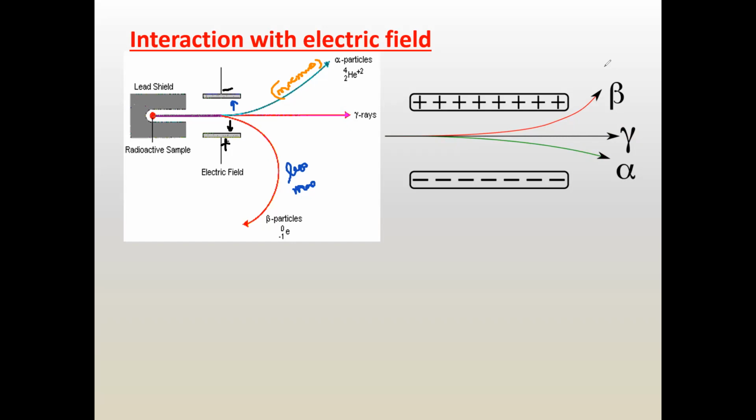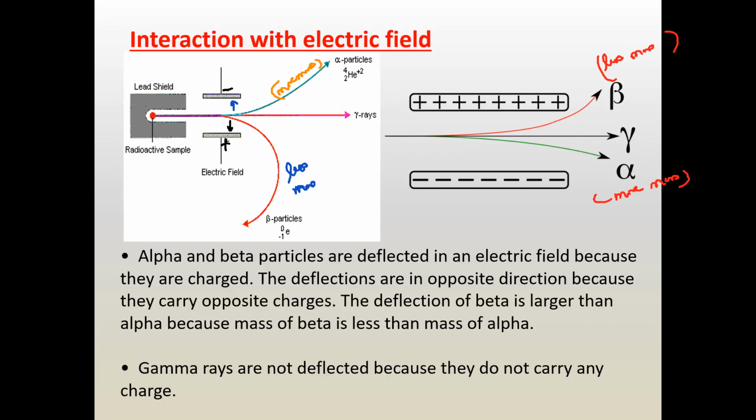Why? Because it has less mass, so more deflection. Alpha has more mass, so less deflection. It will be difficult to deflect alpha particles compared to beta. But gamma are not deflected at all by the electric field, as like charges repel and unlike charges attract each other.